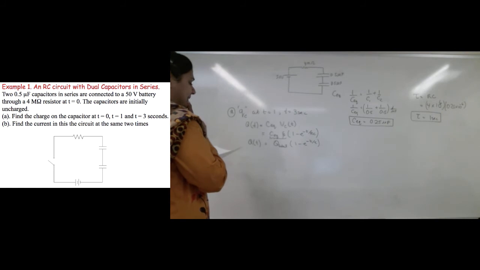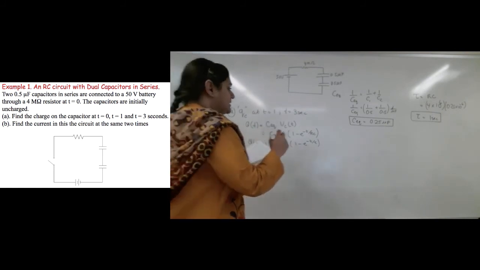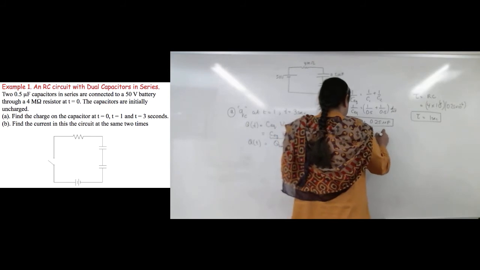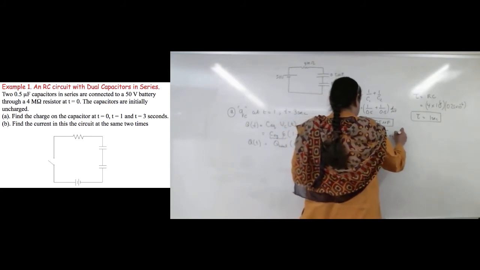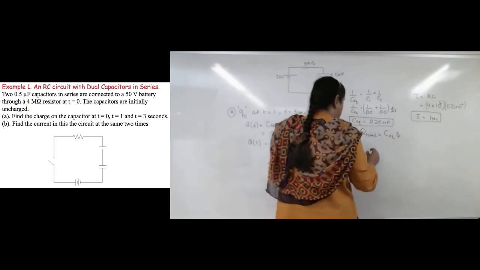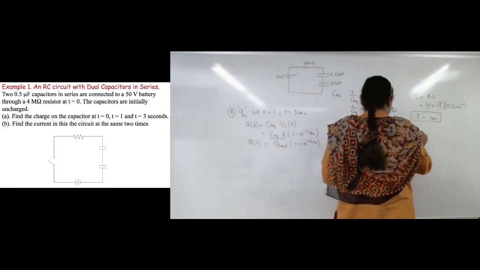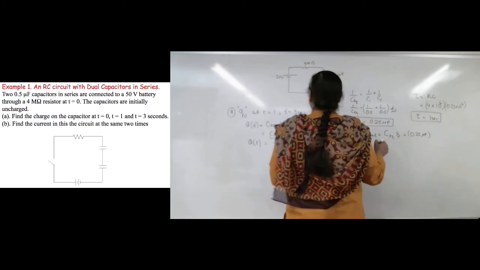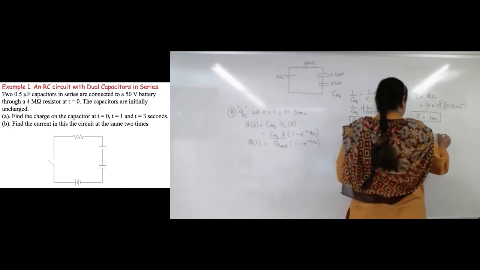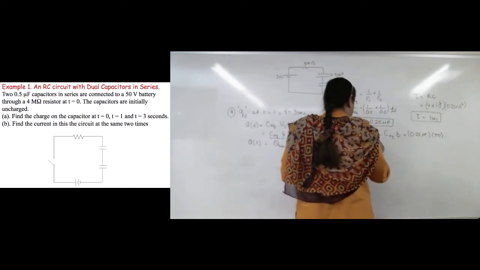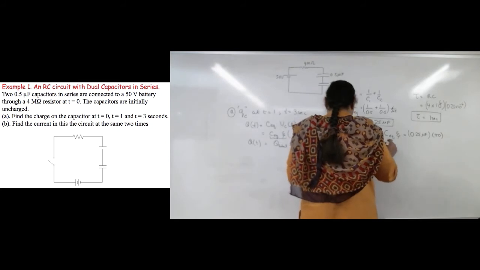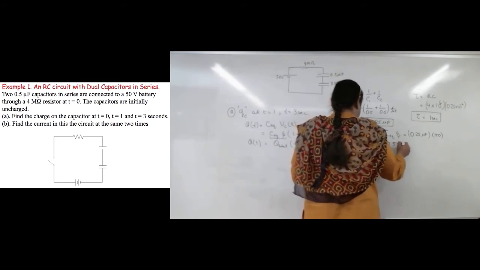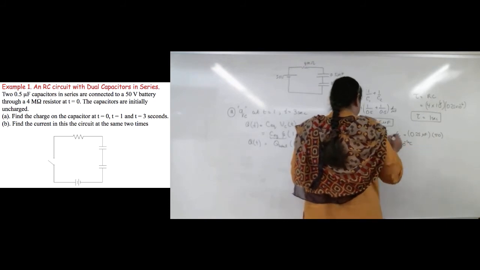What is Q total? Q total is nothing other than C equivalent times epsilon, which means this is going to be 0.25 microfarad times 50 volts. So Q total is nothing other than 12.5 times 10 to the minus 6 coulomb.